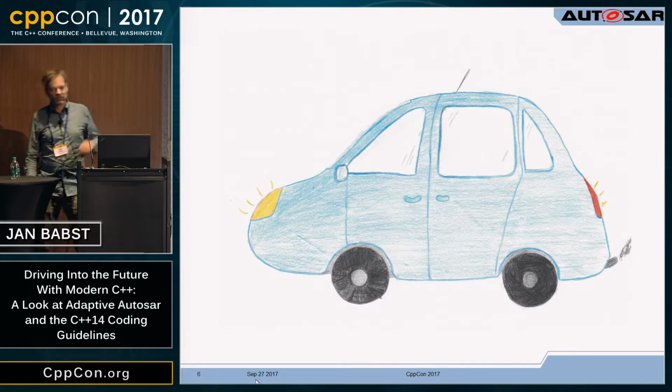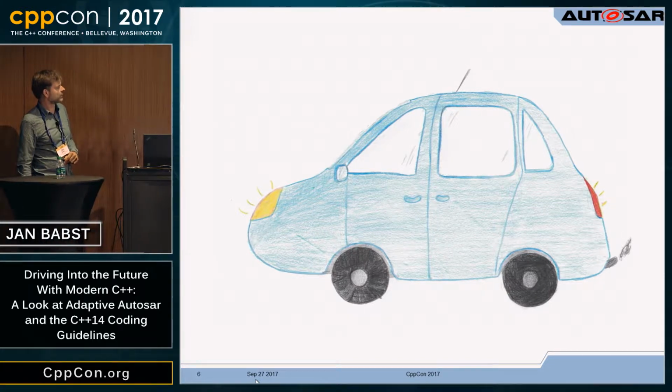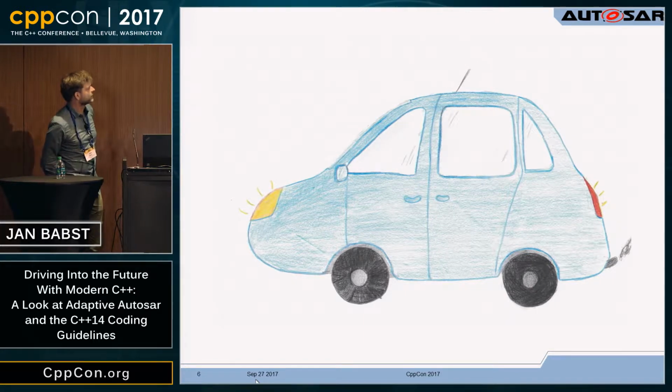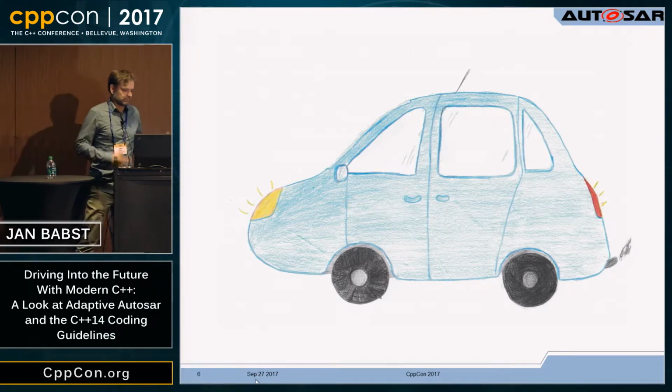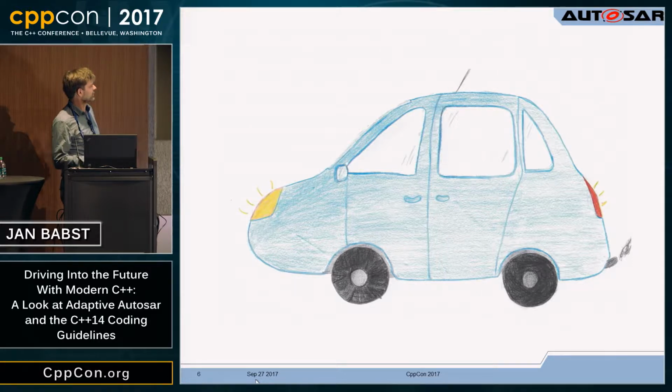Now, this is a car, seen through the eyes of my daughter and through her drawing pencils. This is what most people in the world probably think of a car. It's got wheels, it's got a body, windows, a light in the front, exhaust fumes in the back.